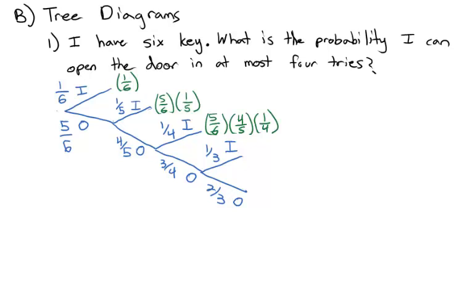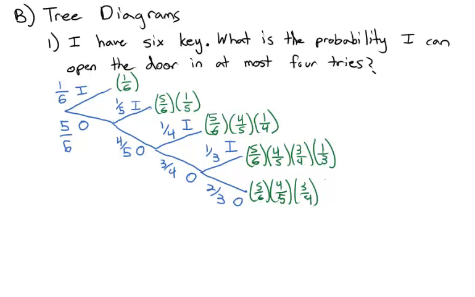In on the fourth try, going down the branch, 5/6 times 4/5 times 3/4 times 1/3. Or being locked out entirely is 5/6 times 4/5 times 3/4 times 2/3.